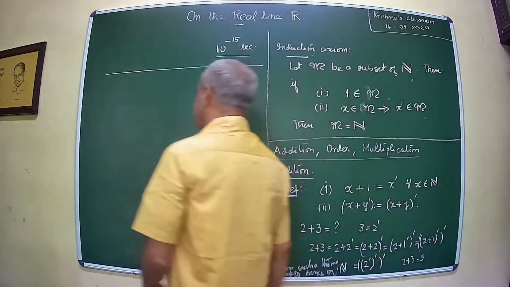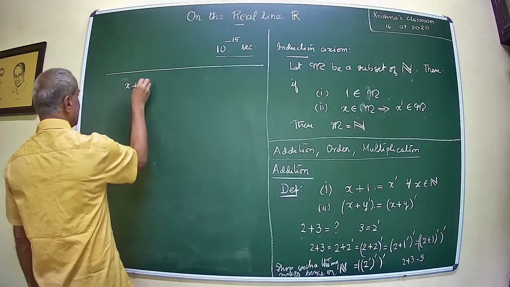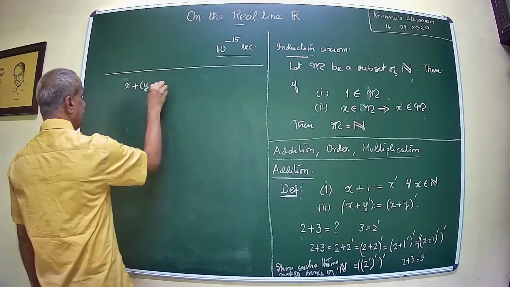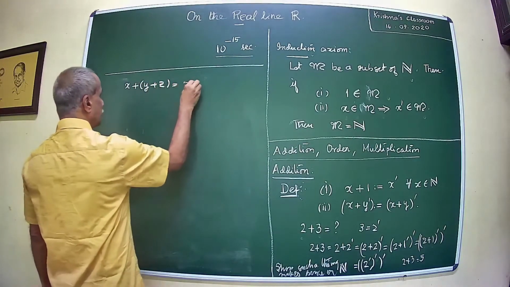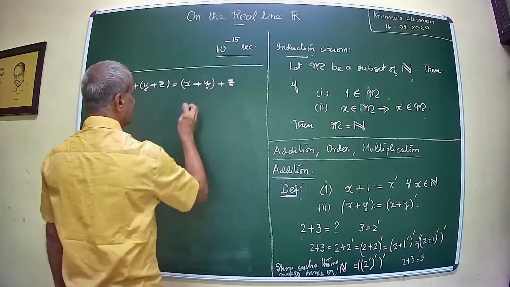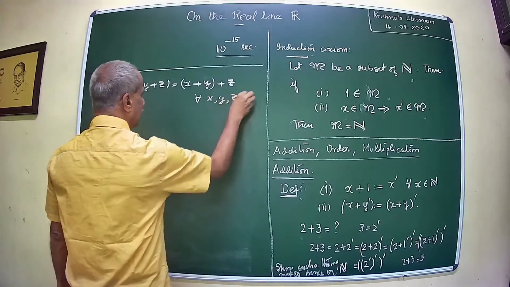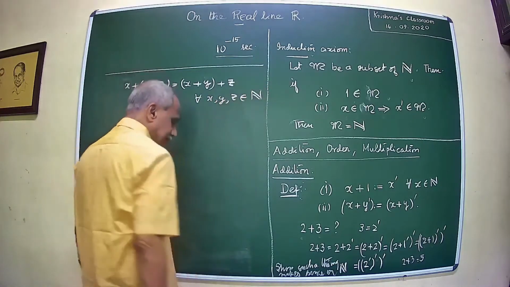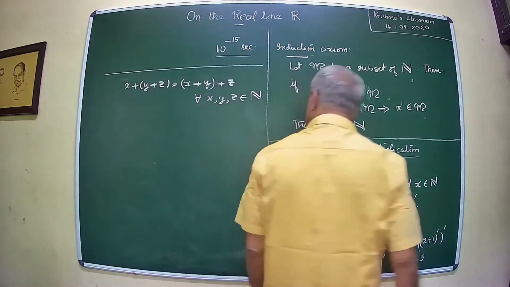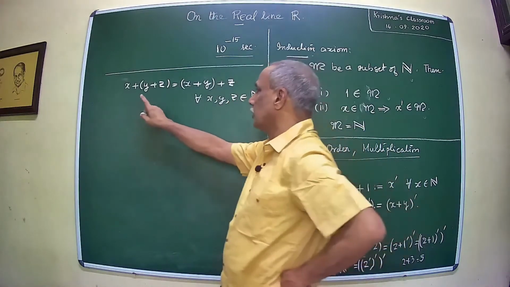But let us look at that. What all things do you get? You would have proved that x plus (y plus z) equals (x plus y) plus z for every x, y, z belonging to n. That means it is associative. What does it mean? Let us read it.